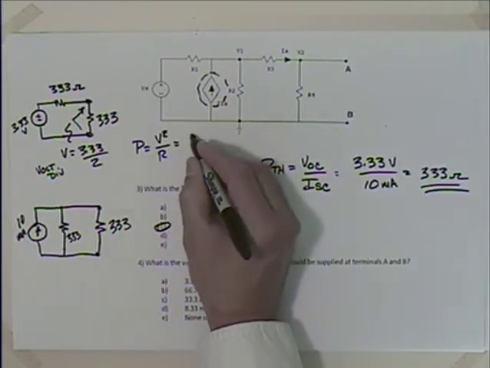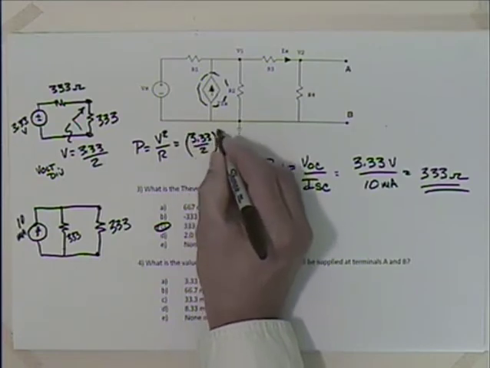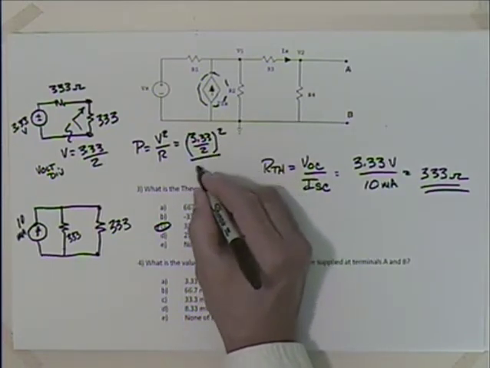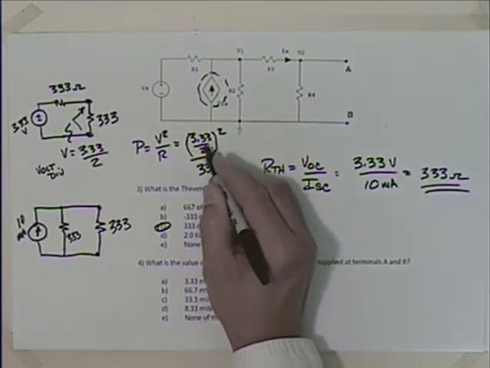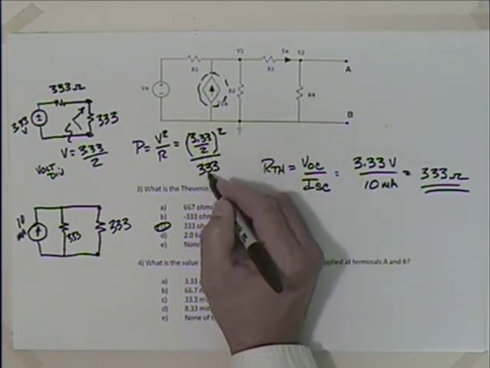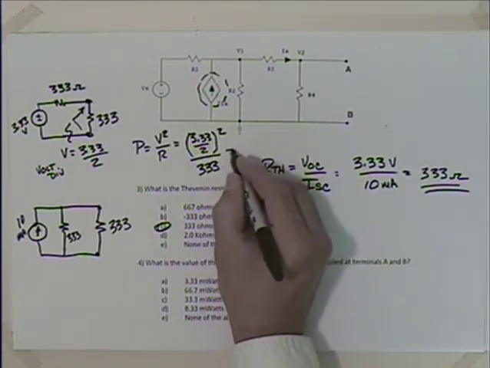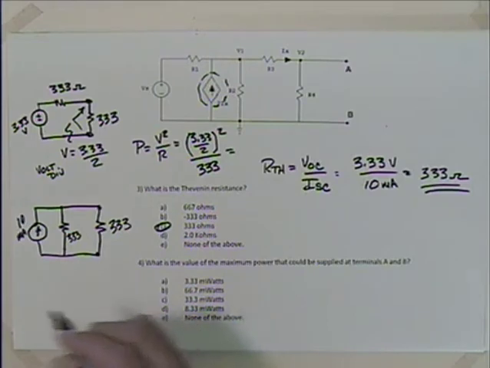So what do I have? 3.33 divided by 2. I'm going to square that whole thing and divide by 333. Now this is in volts, and this is in ohms, so I should just come up with an answer in watts. Let me check on that.